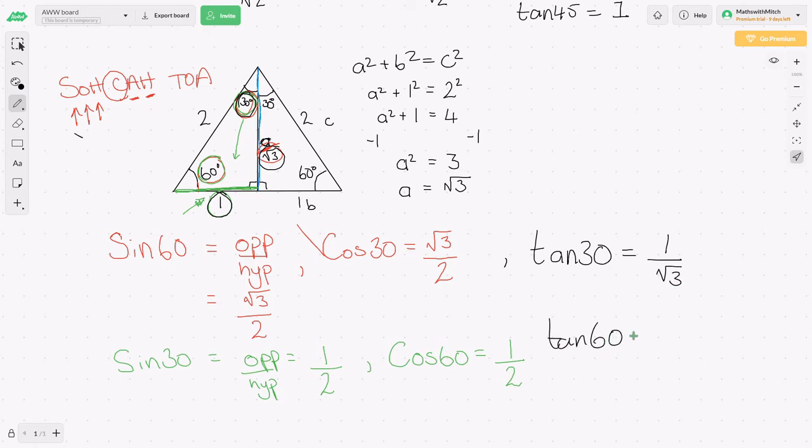And for tan 60, we're now looking at from this angle. Opposite is root 3 and adjacent is 1. So there, which anything divided by 1 is just itself. So we can see that they're actually reciprocal when you look at it, because that's 1 over.